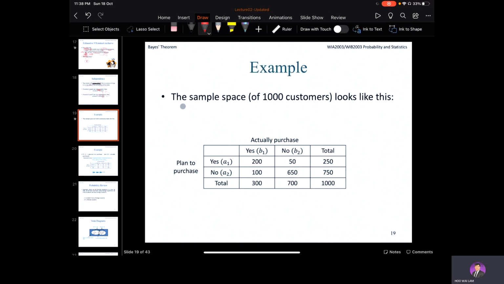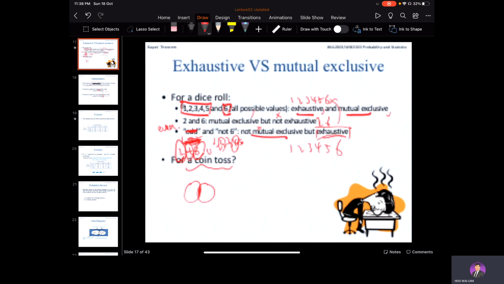So this example is actually trying to tell this.